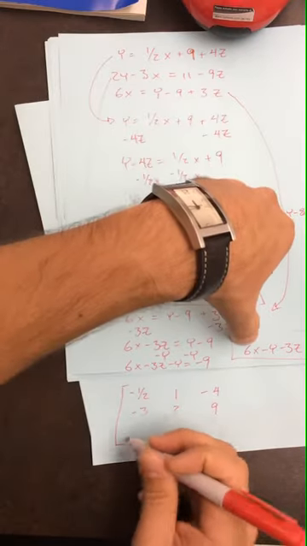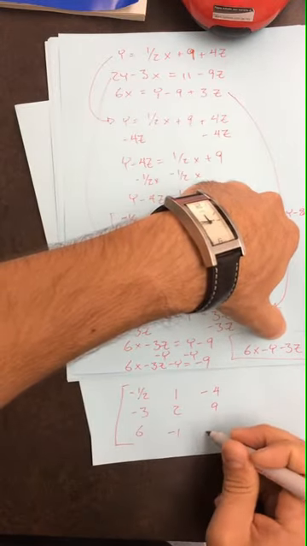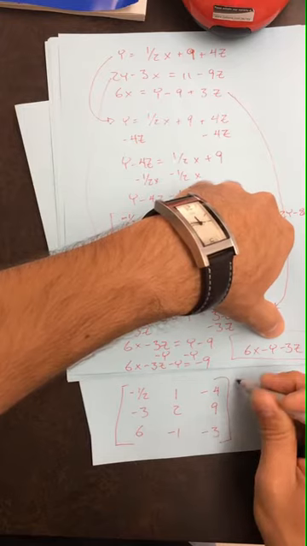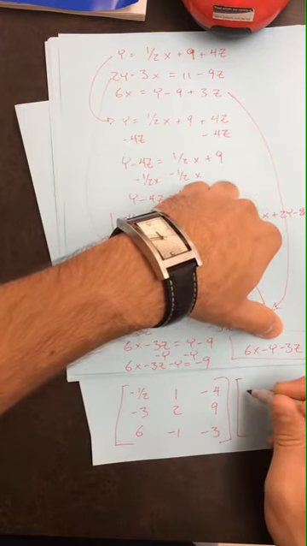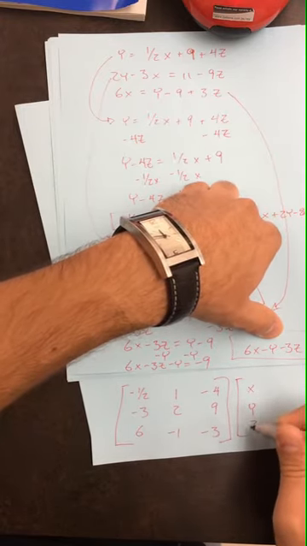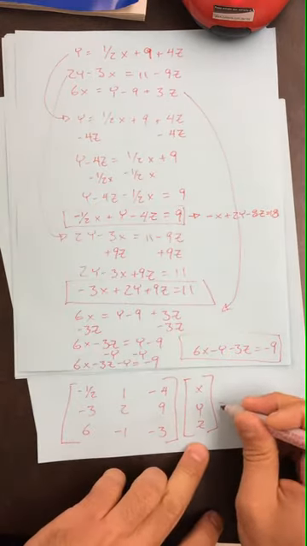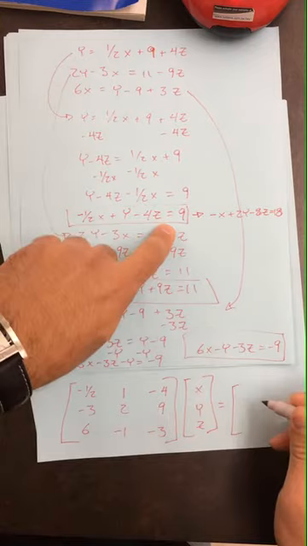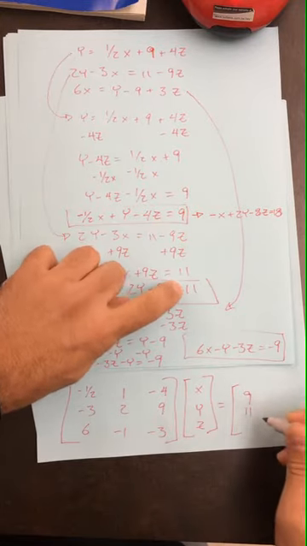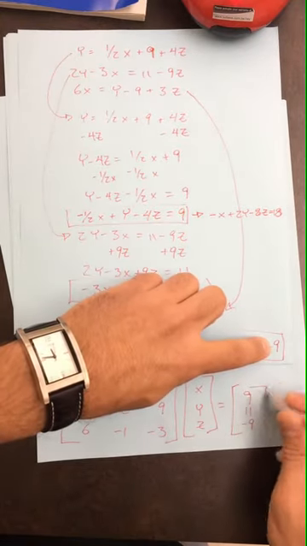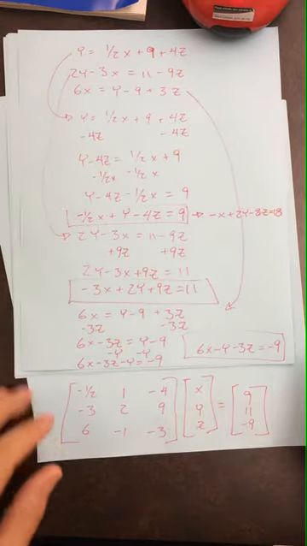Third equation, 6, negative 1, negative 3. My variables, once again, are x, y, z. And my constants are 9, 11, negative 9. And that's the matrix equation.